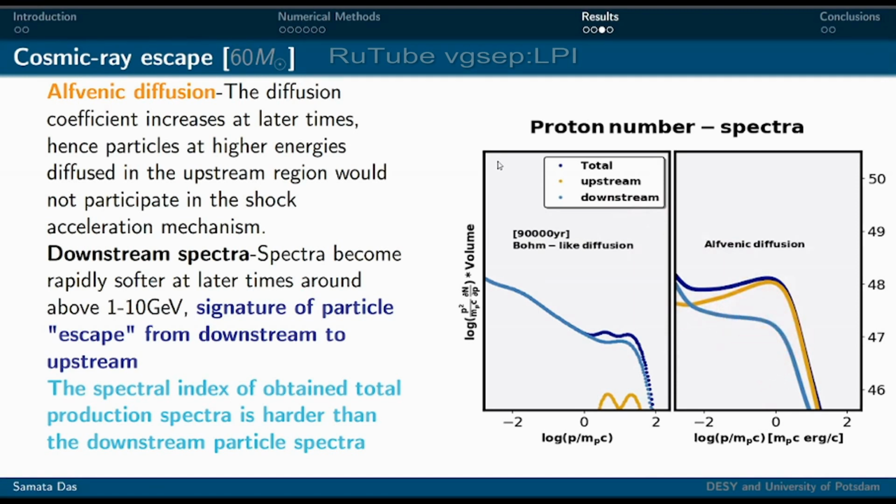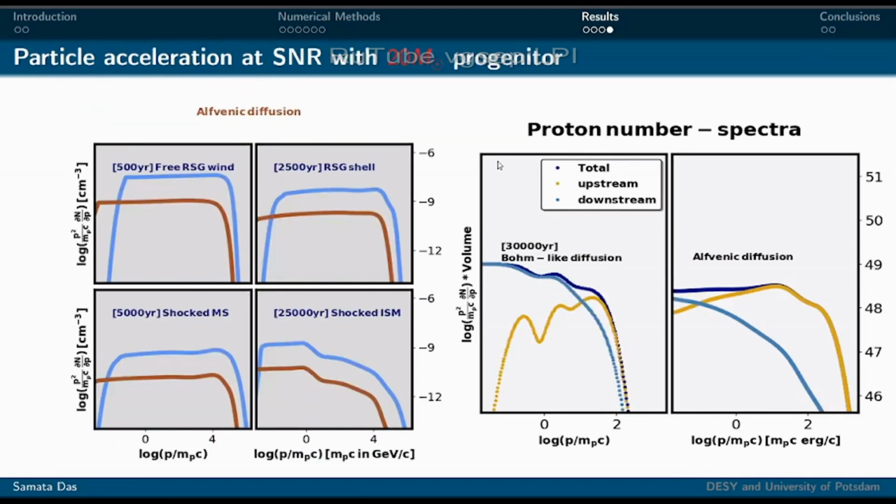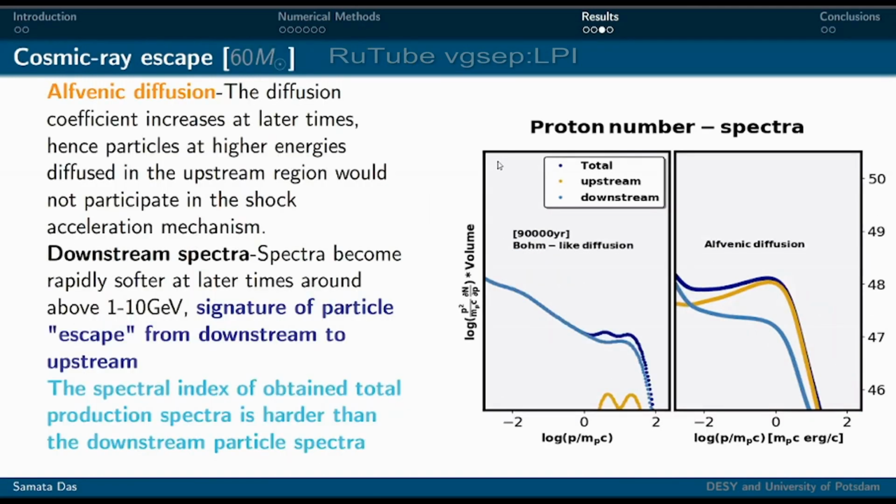For the Alfvénic diffusion, at later times, because of the reduction in the cosmic ray pressure gradient, the Alfvén waves would be very weakly driven. So the diffusion coefficient becomes very large, and the high energy particles will diffuse upstream. They will not be confined in the shock region, and they escape from the deep downstream to upstream.